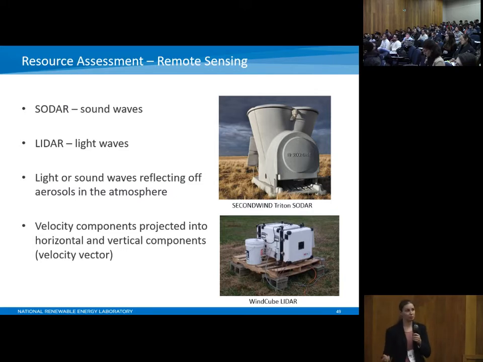They're still much more expensive than met towers, but they do provide a higher resolution profile of the wind speed and more information about the wind speed over time. So they are useful, and more people are starting to use these, often in collaboration with the met tower. They'll have a met tower plus a LIDAR, use the met tower as a calibration or validation of the LIDAR measurements, and then use those together to get wind resource information.